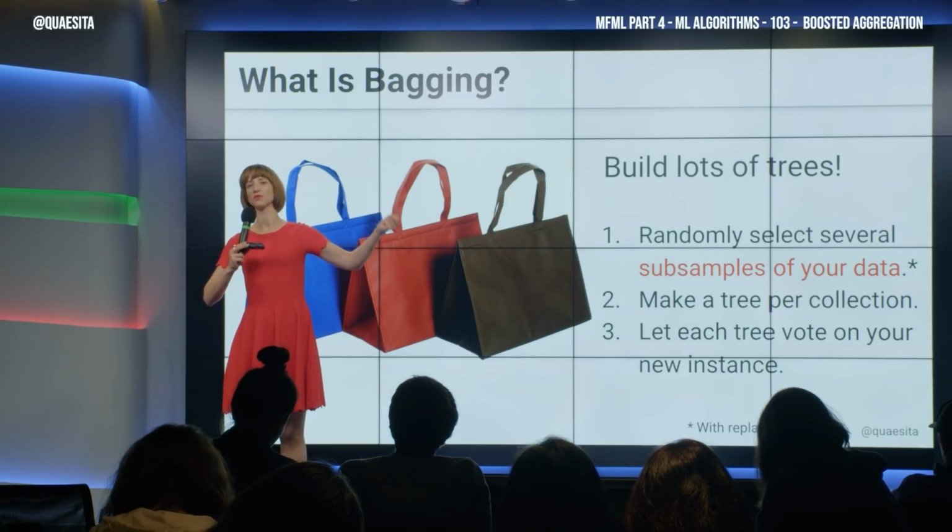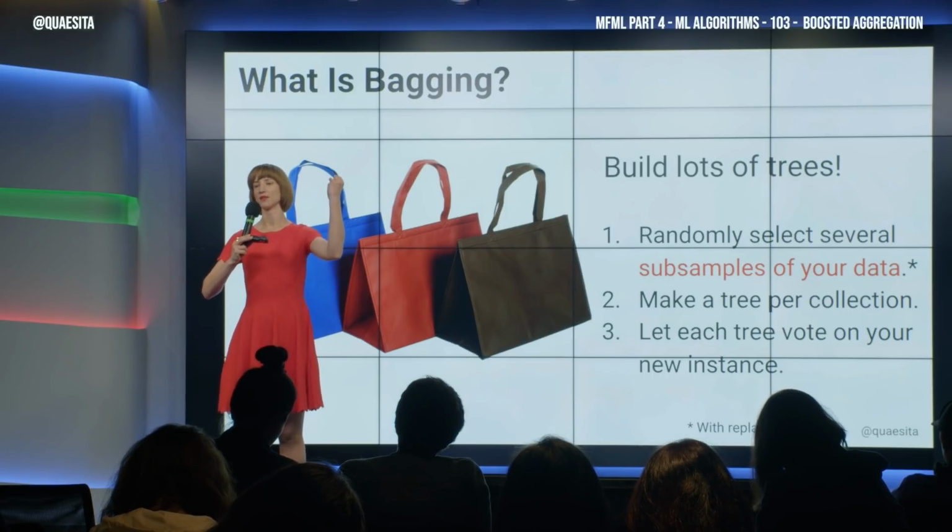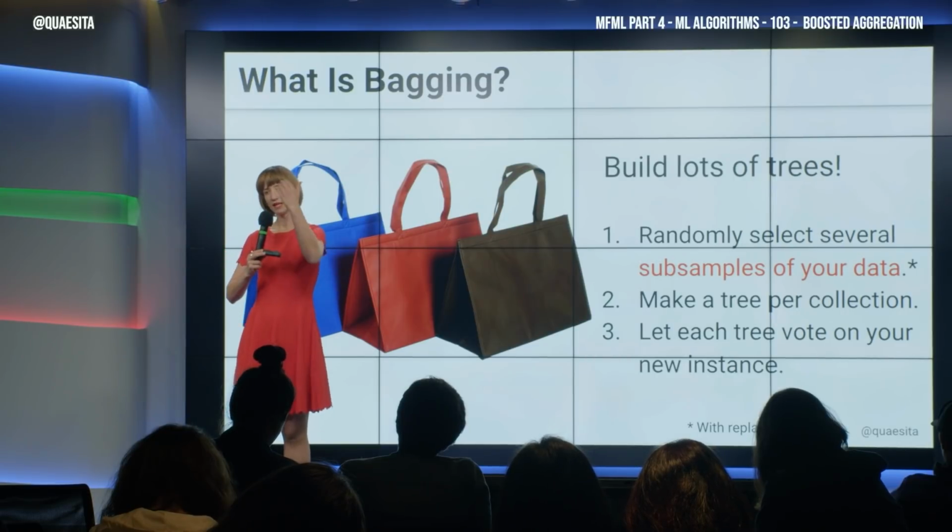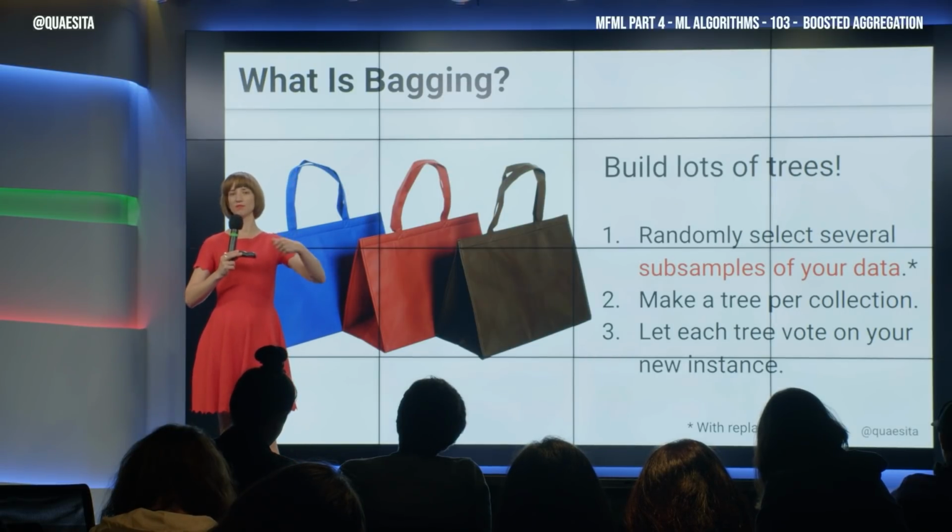It makes a tree with those, it stores the tree. Then it puts back those instances, and it at random takes some other ones. So it is sampling with replacement and fitting a tree every time, remembering all the trees, and then at the end, it lets all the trees vote to give you an answer. So this one says she'll like it, this one says she'll like it, this one says she won't.